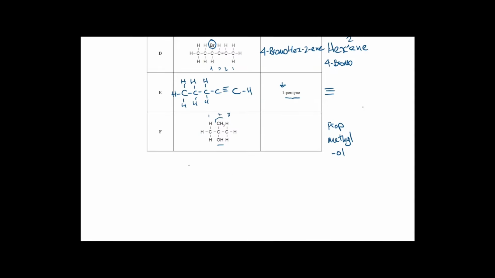It's going to be the middle one, so this is going to be 2 methyl, and then we have to say that there are 3 carbon. They're all single carbons, so it's going to be propane. Because it has an alcohol, it's going to be an alcohol on the second carbon in that chain. So this is 2-methyl propane-2-ol.